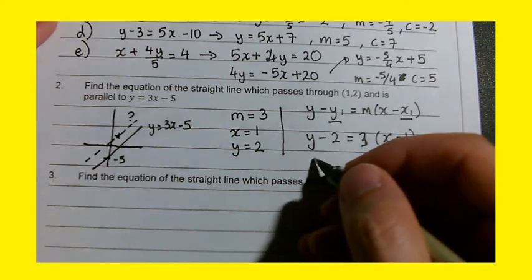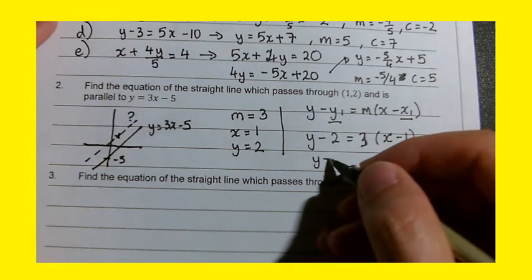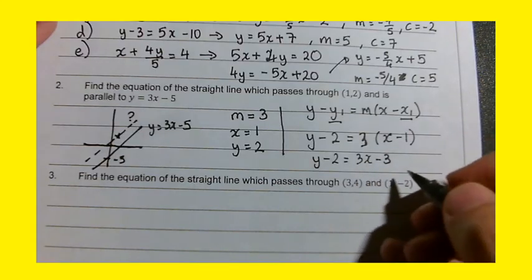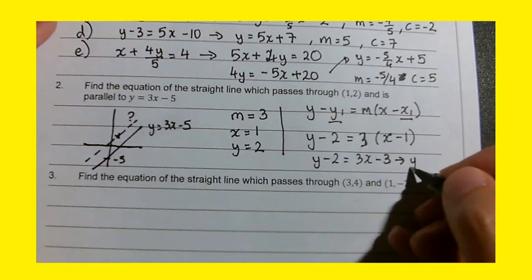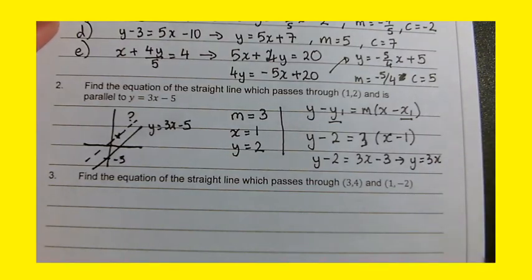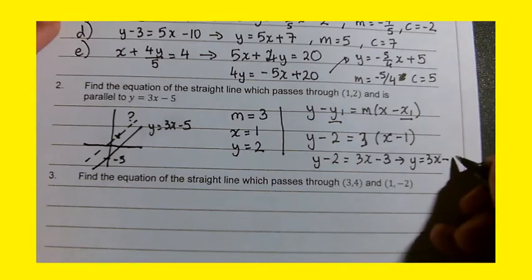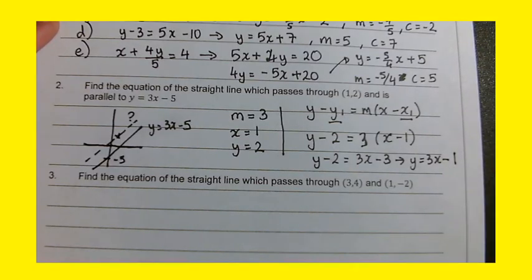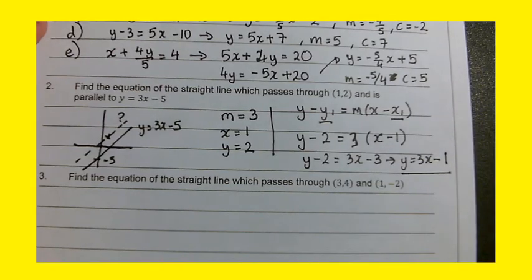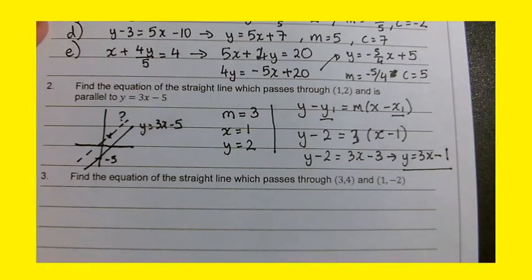Therefore y minus 2 equals 3(x minus 1), so 3x minus 3, and therefore y equals 3x minus 1. Okay, so the equation of this unknown line, which is parallel to y equals 3x minus 5, is y equals 3x minus 1. And that's the answer.